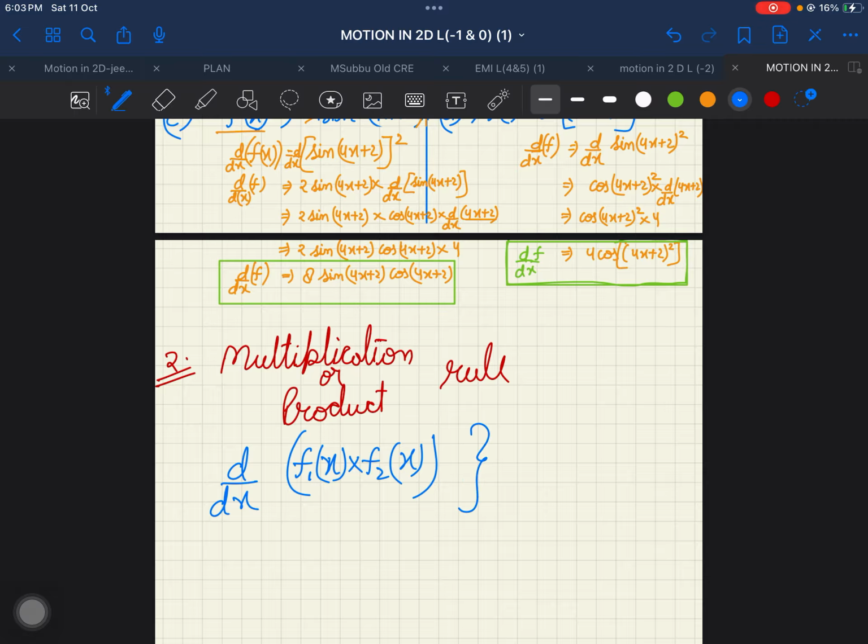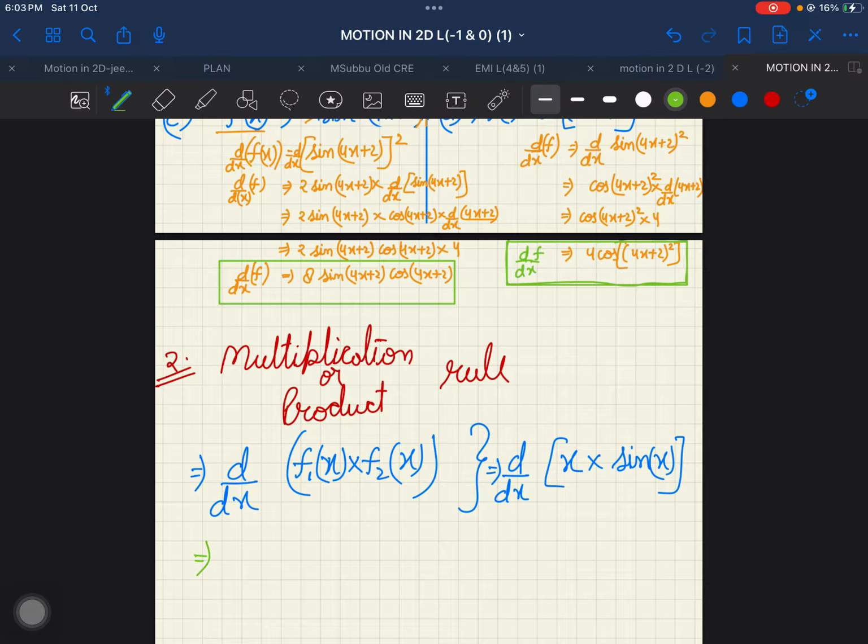For example, suppose you have x into sine x, and someone told you that you have to differentiate this function. So I am telling you a formula.